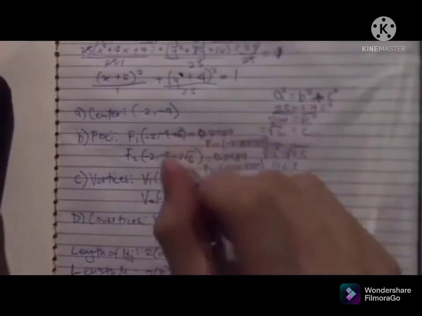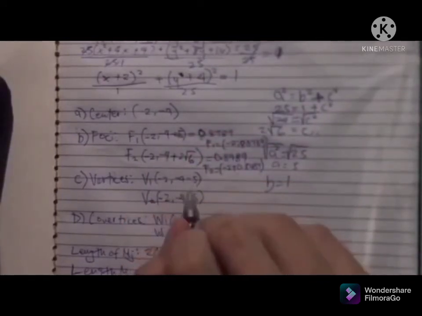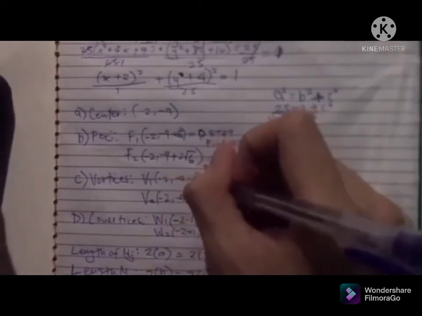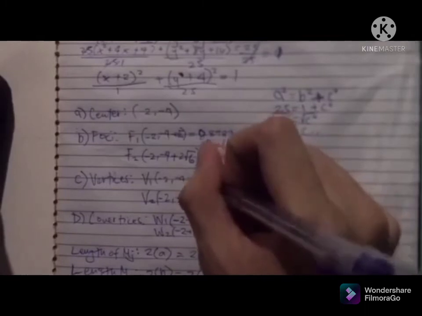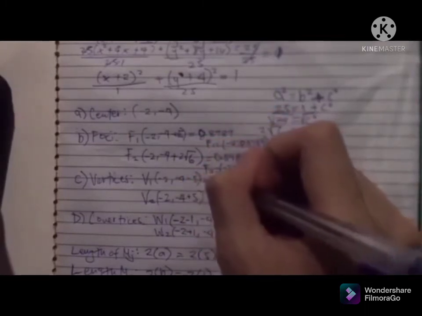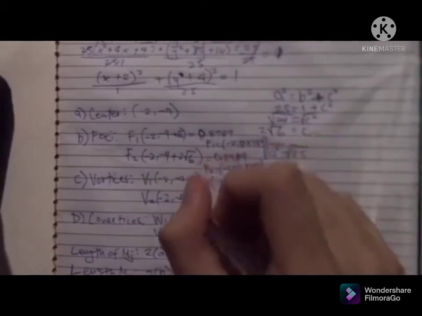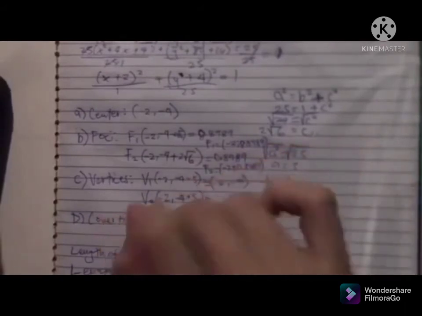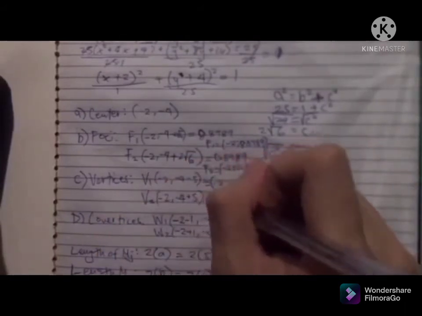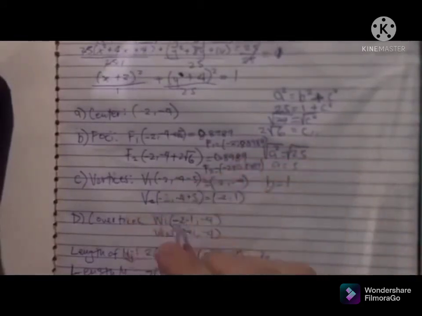Now for the vertices, -4 for V1 and minus 5, we have negative 9. So the values for V1 are -2 and -9. For V2, we have -4 plus 5, which is positive 1, so -2 and 1.